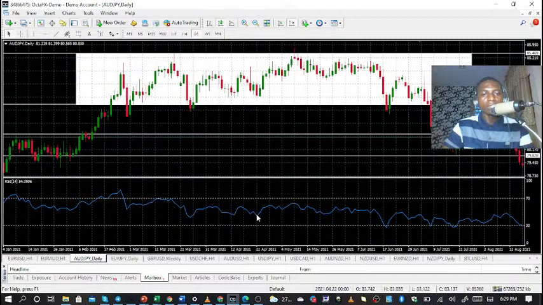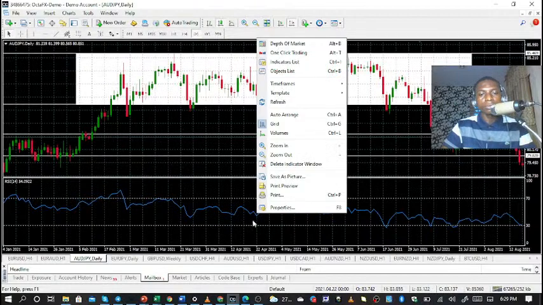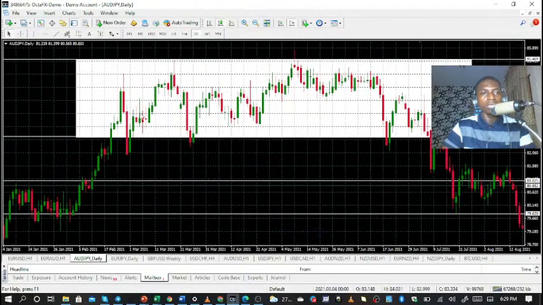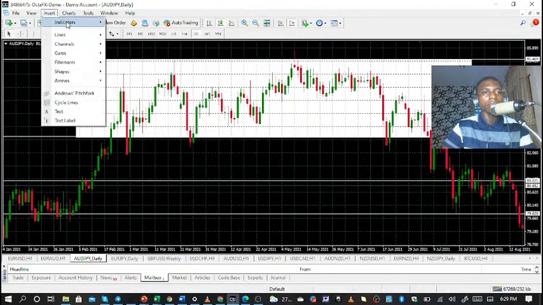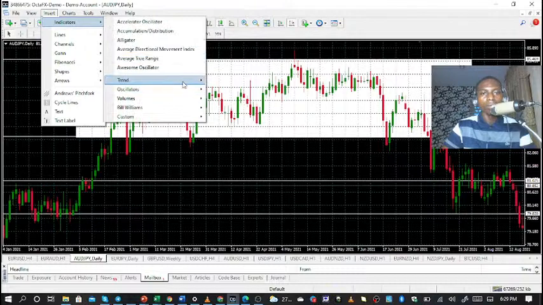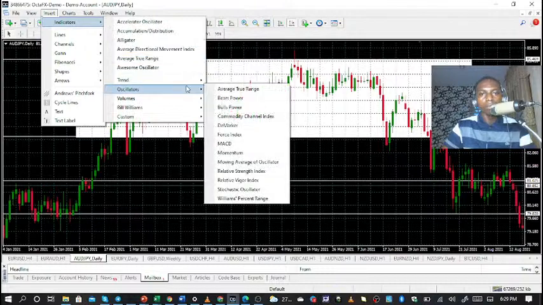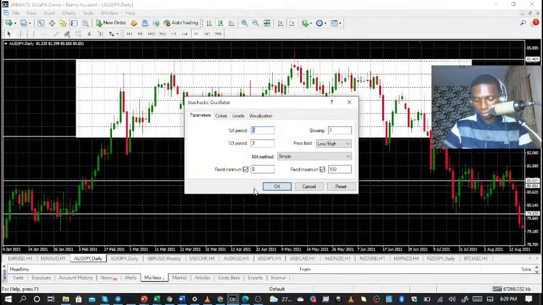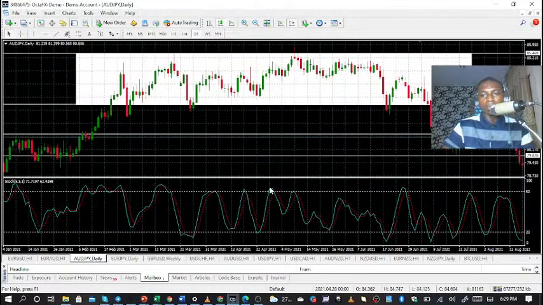Good. Now let me remove this and show us that of stochastics. Okay, great. Now, almost a similar case applies to stochastic too, right? If you look at stochastic, we have this vertical scale.